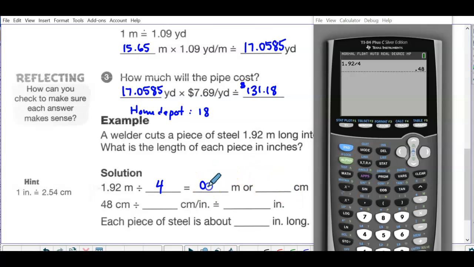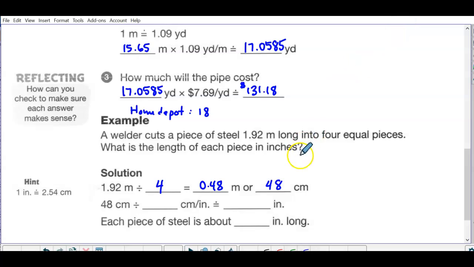And that's 0.48 meters, which is 48 centimeters. Okay, remember there's 100 centimeters in a meter. And then we, again, want to convert from centimeters to inches.